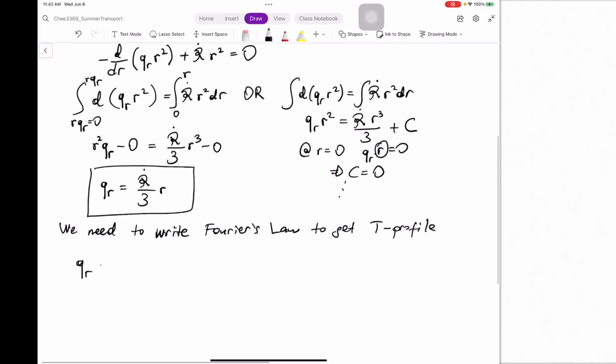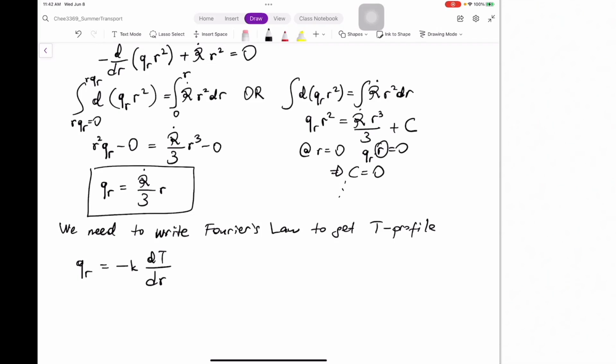Okay, so the QR is nothing but minus k dT over dr this time. The heat is transferred towards the r direction. And we are actually using some assumptions here. We are assuming that the temperature is not changing with theta, the angular position. It's just changing with the radius. It's isotropic, so it doesn't matter whether you change from one angle to another, but it matters if you change the radius.